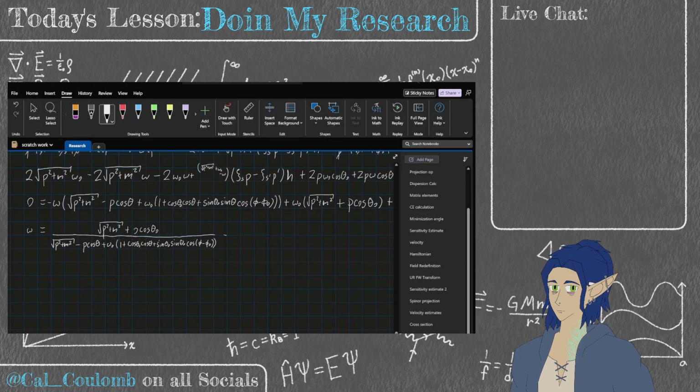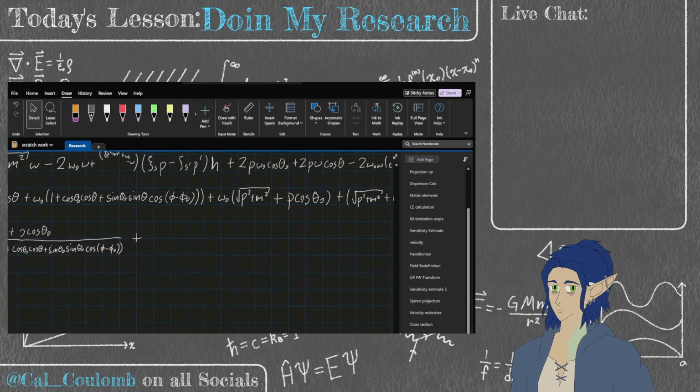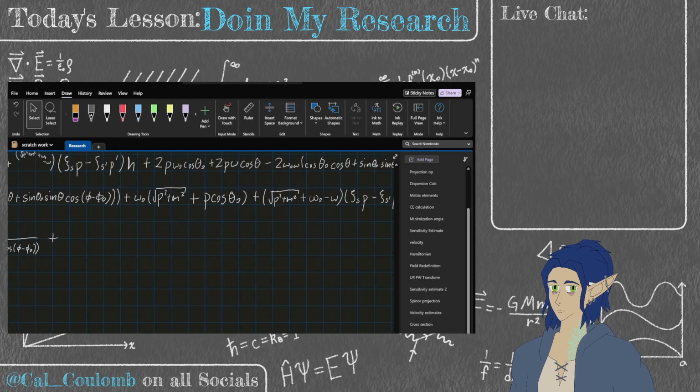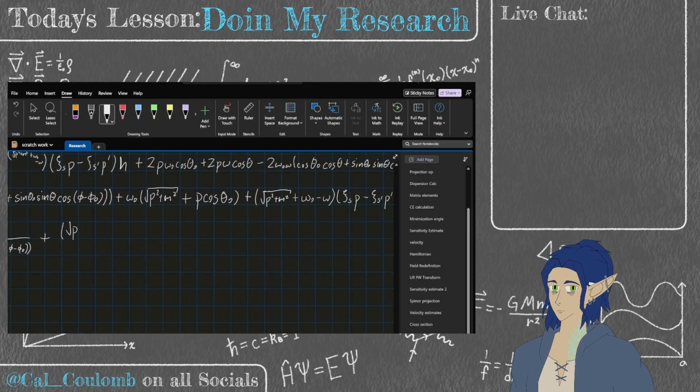And then we have the next term. So plus, and now we have square root of p squared plus m squared plus omega naught minus omega times c s p minus c s prime p prime times h, and then divided by that same thing in the denominator.